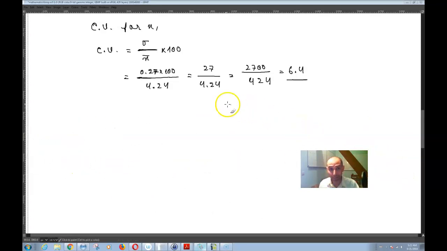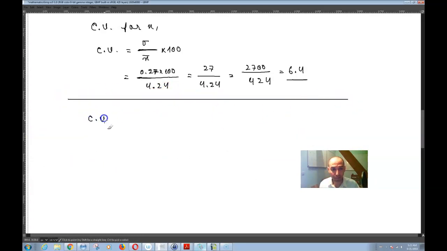Now, the coefficient of variation for y, you have again the coefficient of variation is equal to sigma divided by x bar times 100.